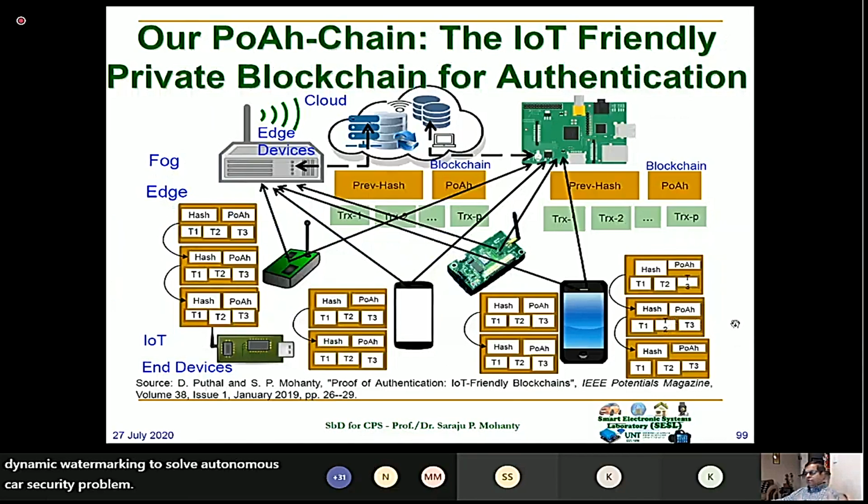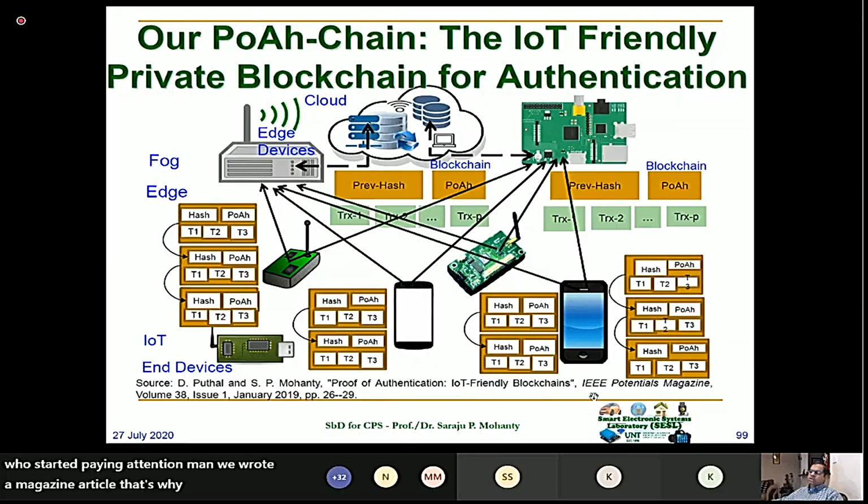Now, blockchain, I was mentioning, has a long way to go. Okay, two of my students are right now working on how to make blockchain useful for the IoT domain. It's not straightforward. Blockchain has a lot of problems. We were the first people who started paying attention, and we wrote a magazine article.